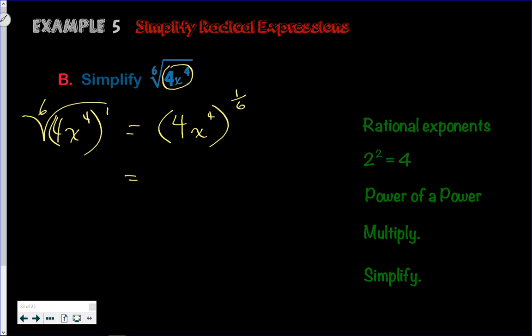So now, once I get to this part, I'm going to start changing a few things. Okay? What I want to do here is I'm going to take that 4 and make it 2 squared. Put parentheses around it.